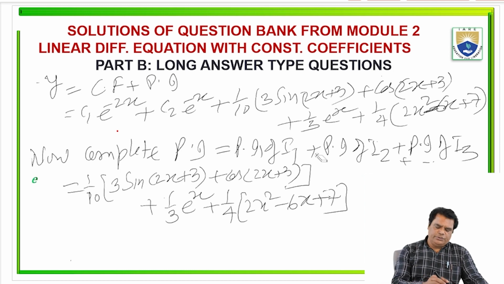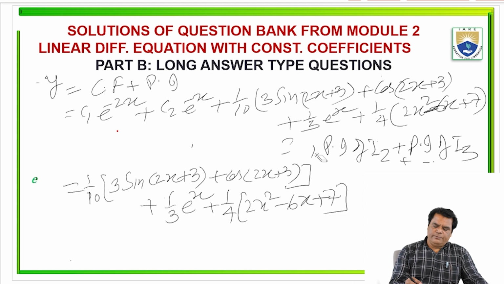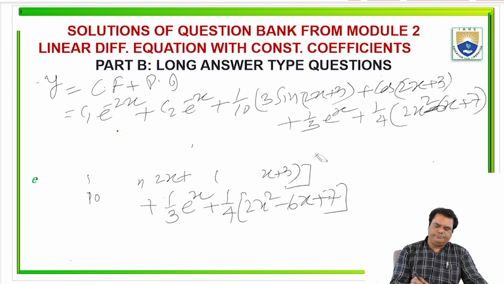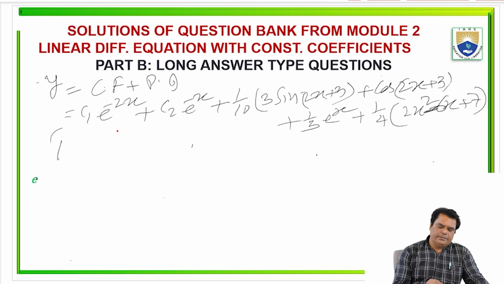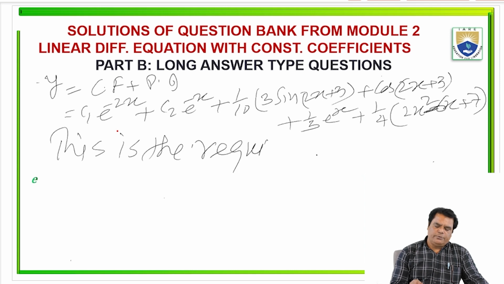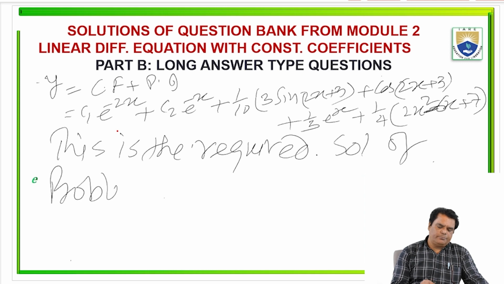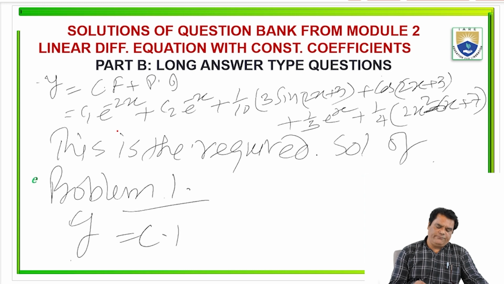Okay. So this is the complete solution of question 1. This is the required solution of problem 1. Y is equal to CF plus PI.